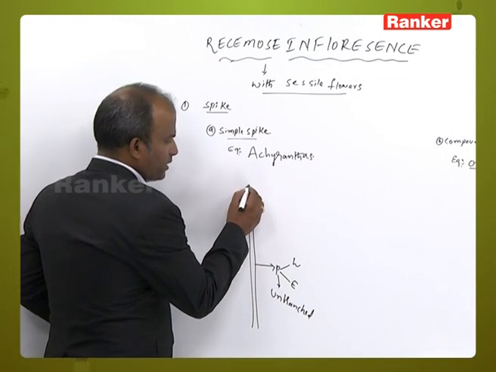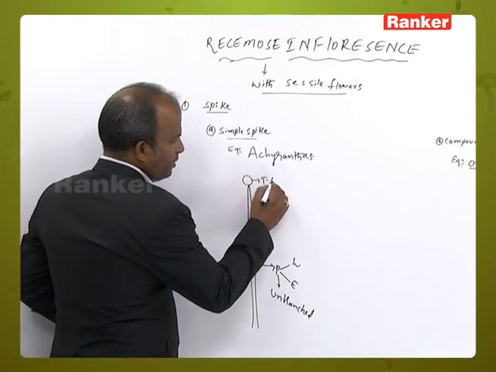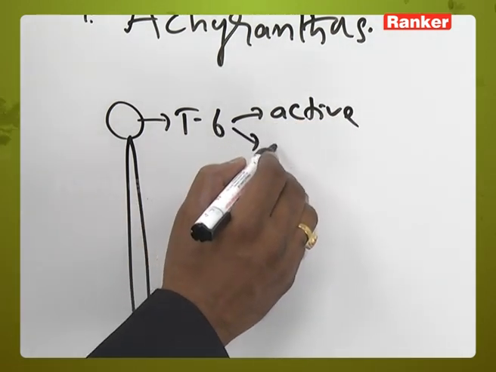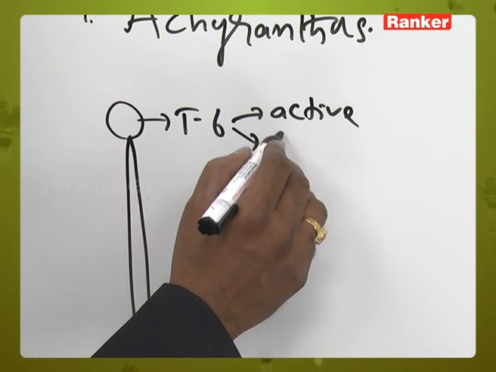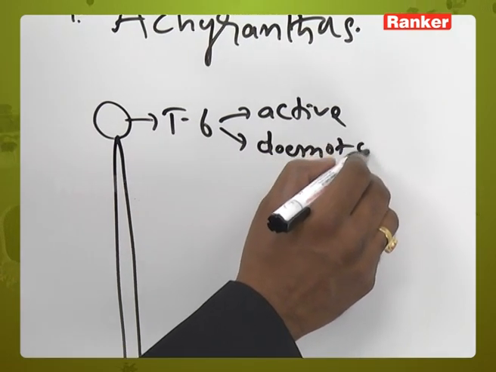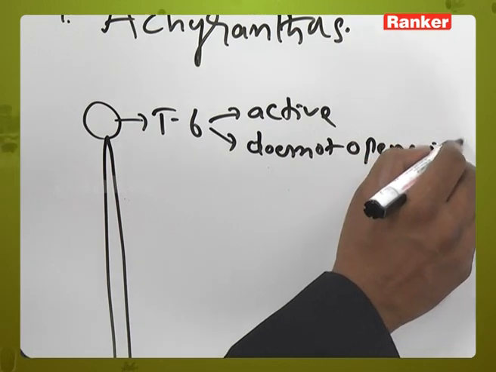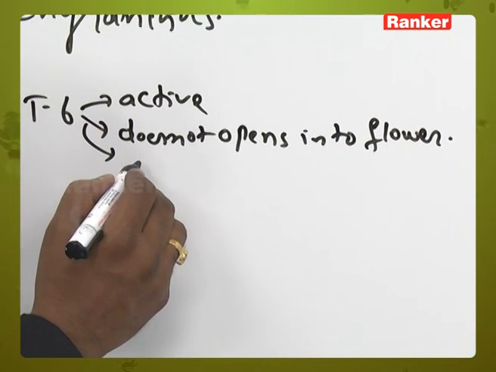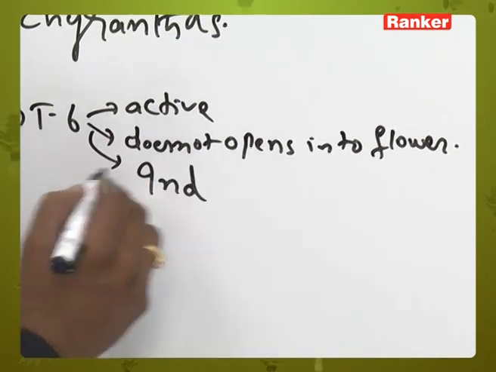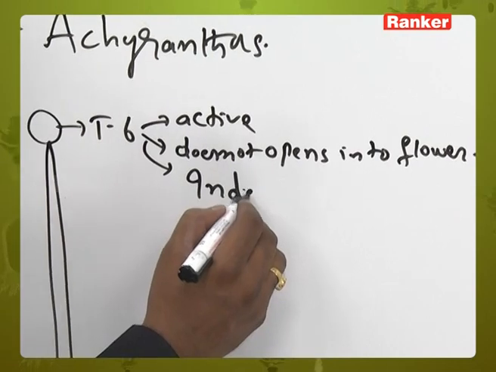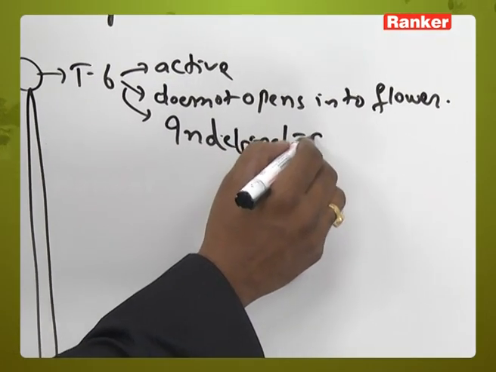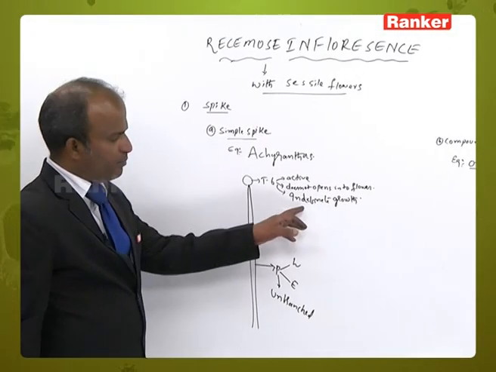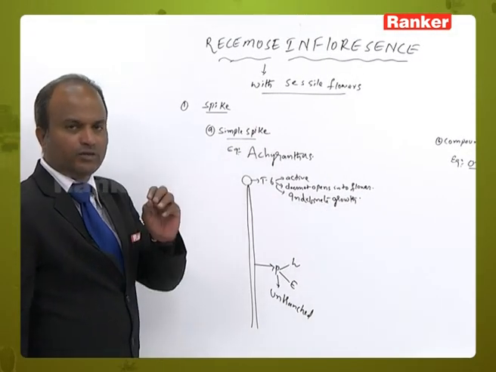The terminal bud of the peduncle is active, and it does not open into a flower. Does it show definite or indefinite growth? As this terminal bud grows continuously, it shows indefinite growth.